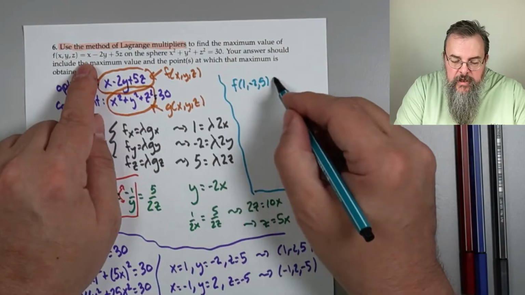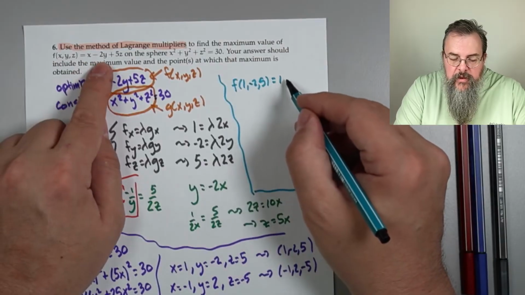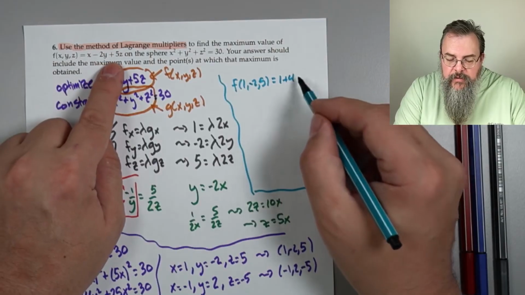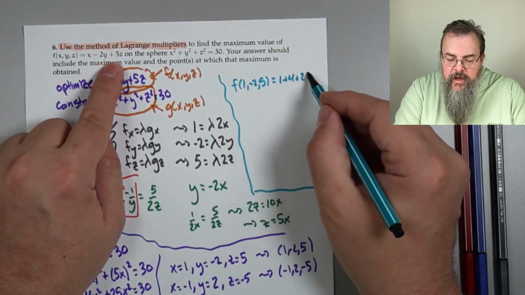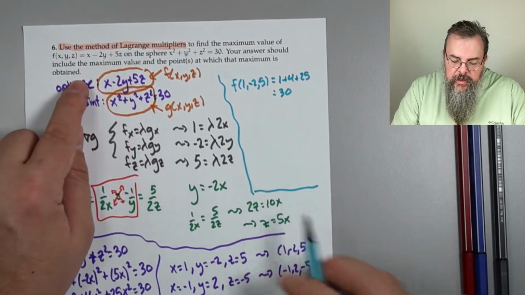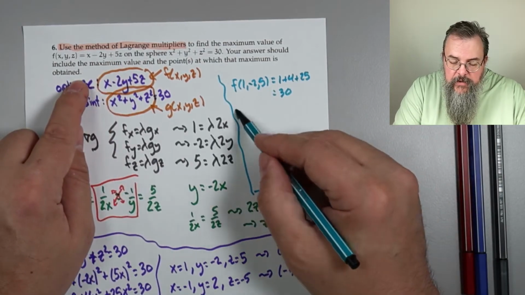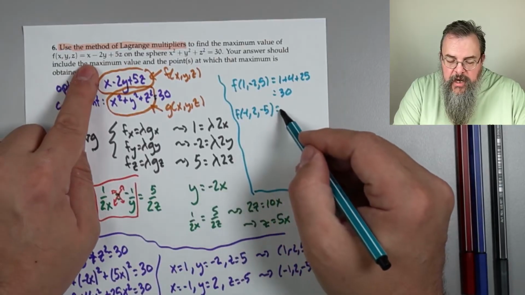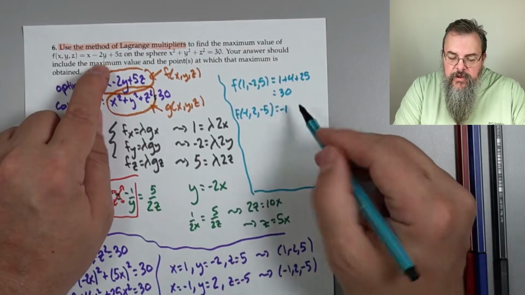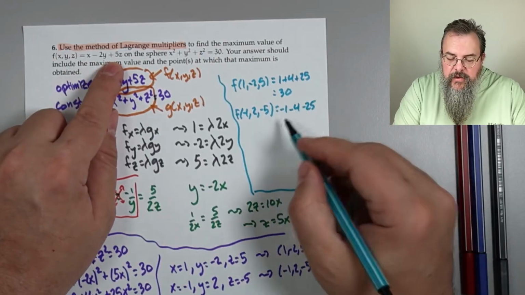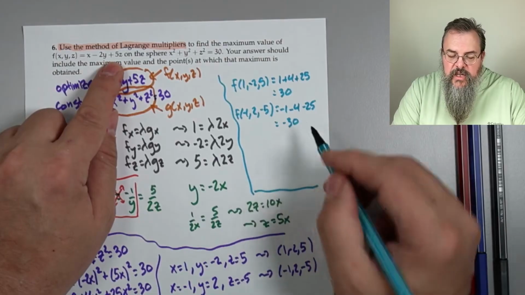That would be 1 plus 4, because minus 2 times minus 2 is plus 4, plus 5 times 5 makes 25, which makes 30. On the other hand, f of (-1, 2, -5) would be minus 1. Minus 2 times 2 makes minus 4. 5 times negative 5 makes minus 25, which is minus 30.